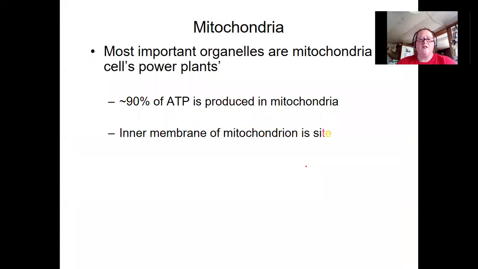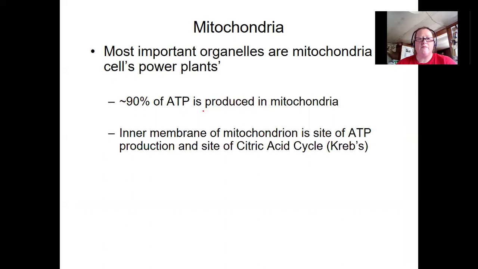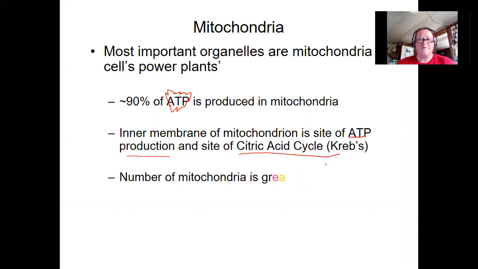Most of the energy that our body needs, remember ATP is energy, is produced in the mitochondria. There's a specific part of the mitochondria where the ATP gets made, and a specific part where the citric acid cycle takes place.